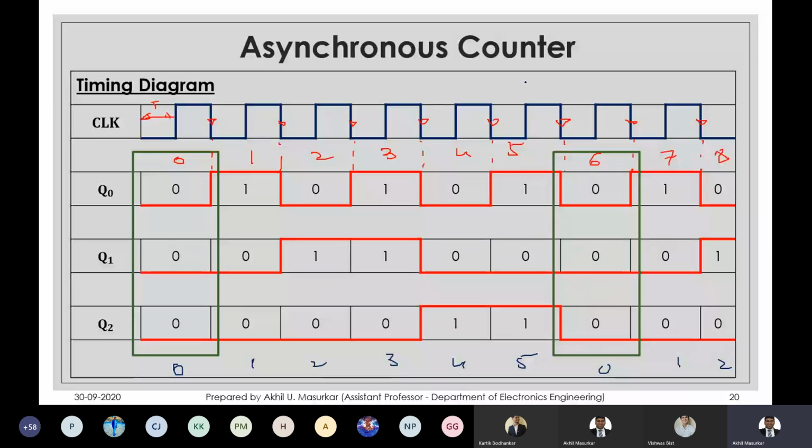Please draw this timing diagram, or will you draw it later? I think you can take a print of this and keep it with you. No need to draw this diagram. It is 11 o'clock, so we will take a 10 minute break, and I will leave this diagram on your screen so we can see it afterwards.